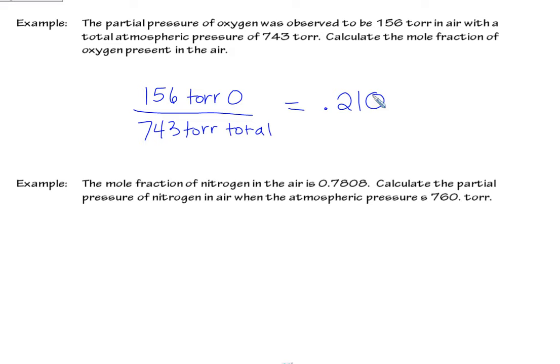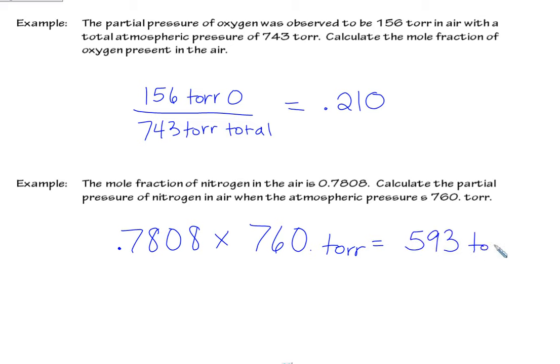So we're just going to use it kind of like a percentage, but that's why we keep it in the decimal, 0.7808. So it's about 78% nitrogen. So about 78% of the pressure comes from nitrogen, 760 torr. So we'll multiply. I'm going to leave 3 sig figs so it matches my other pressure.